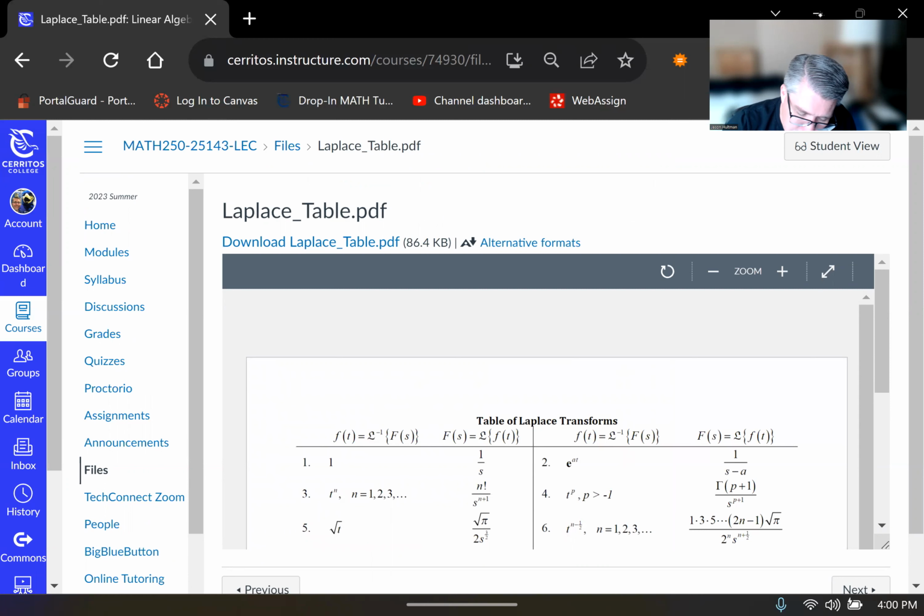If I have t to the n, that becomes n factorial over s to the n plus 1. Well, we have s to the 3, so that's 2 plus 1. So that would be 2 factorial over s to the 2 plus 1 for t to the second power. So we have to reconcile that n factorial, and we could divide by the n factorial to reconcile that. Let me show you how that works.